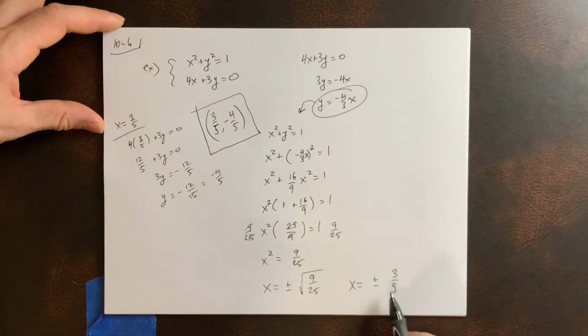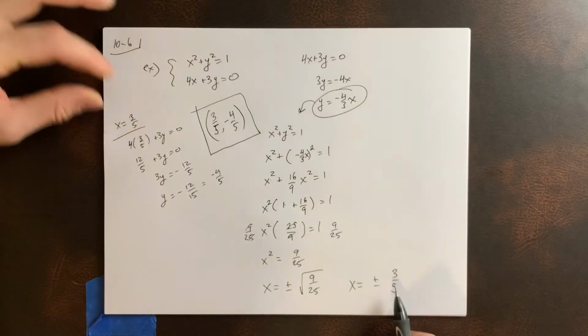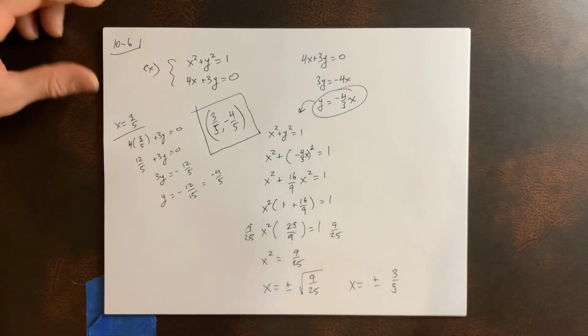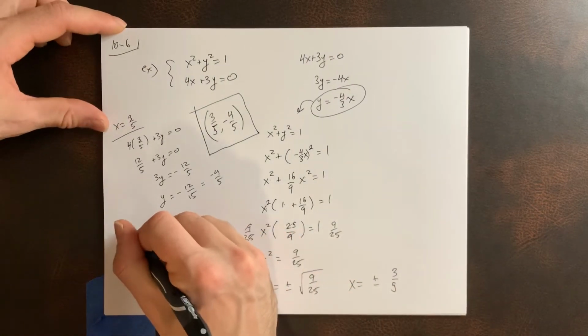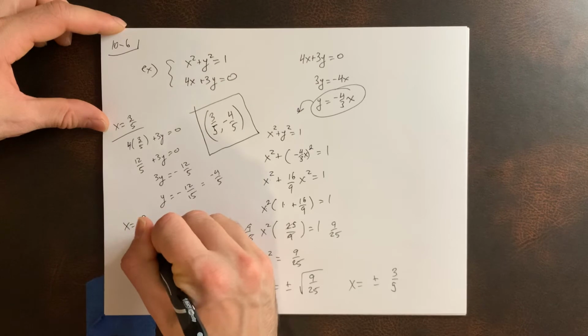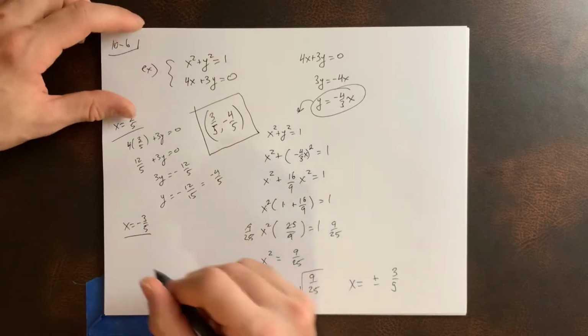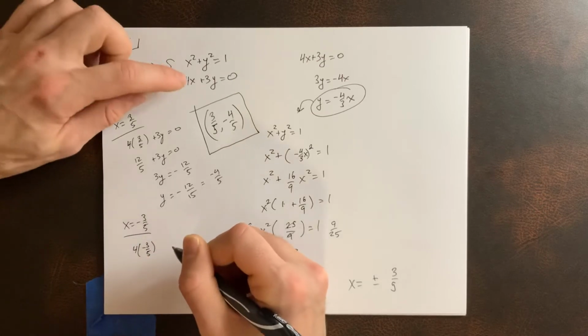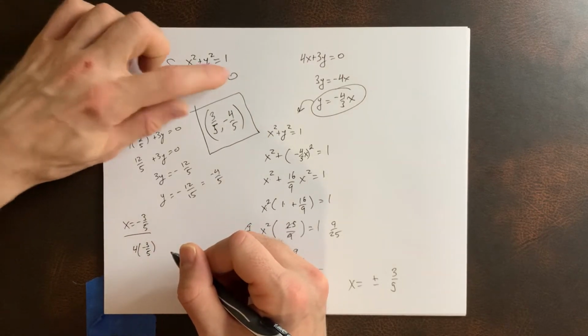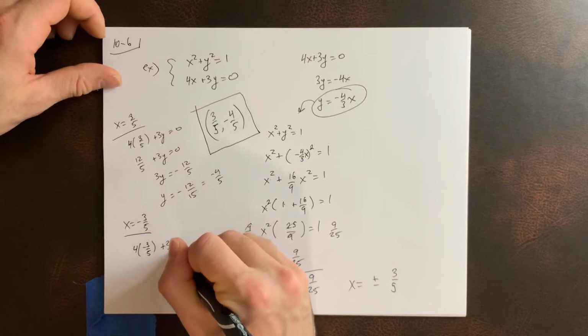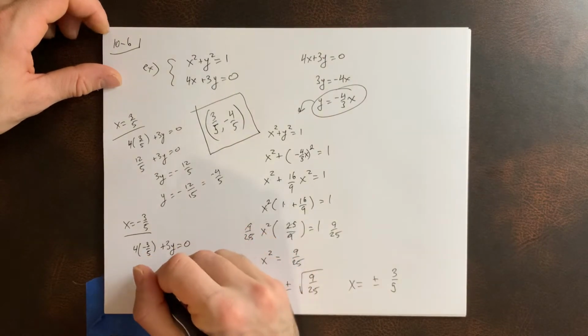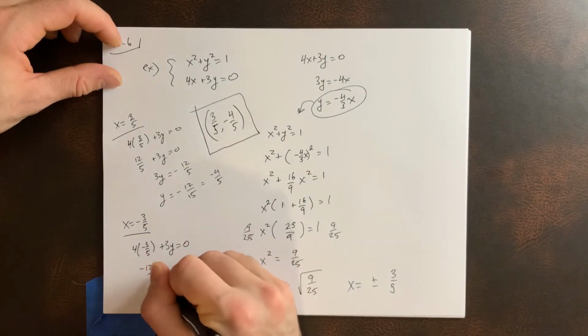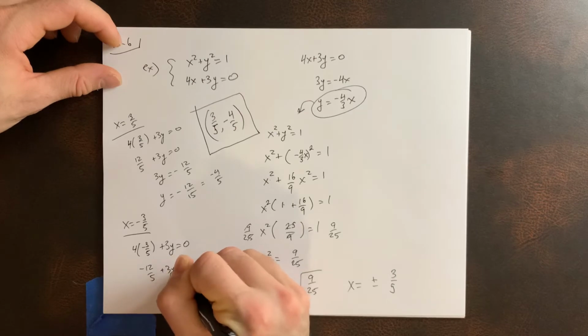Now let's do the same thing with our other point. We just did this for x equals 3 over 5, and we need to do that for x equals minus 3 over 5 as well. Plugging the x in right here, we get 4 times minus 3 over 5 plus 3y equals 0. So here is minus 12 over 5 plus 3y is equal to 0.